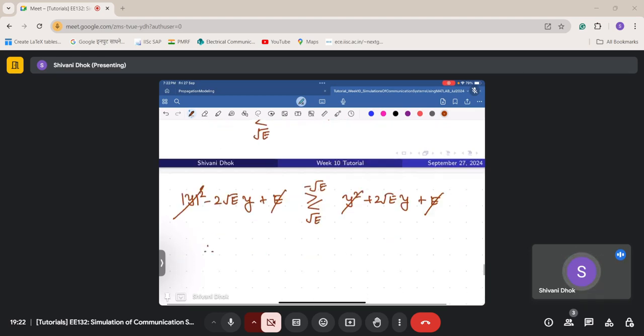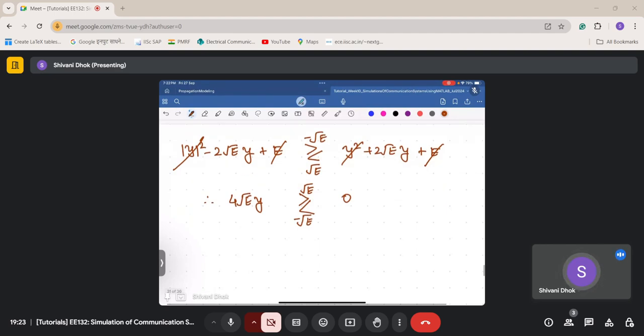So therefore we can take this thing to this side, and we will have 4 root E y. If it is greater than 0, then decide in favor of root E. If it is less than 0, then decide in favor of minus root E. Now 4 root E is common, so I can simply multiply by 1 by 4 root E on both the sides. So if y is greater than 0, decide in favor of root E. If y is less than 0, then decide in favor of minus root E. Okay, so this is what we have here.